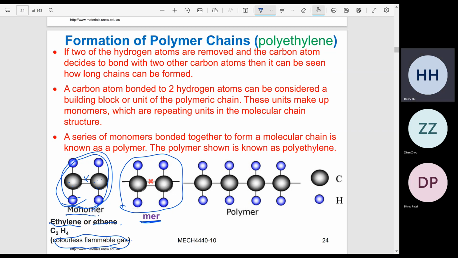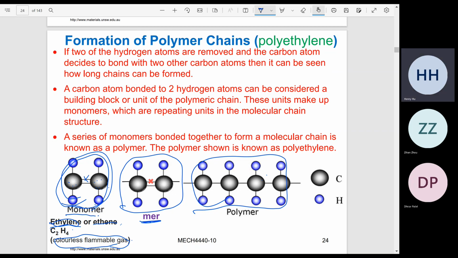Then you connect all those mers together, linking the carbon to the carbon, and you will form polyethylene. Polyethylene becomes a solid material. It's not gas anymore, because the atomic weight of polyethylene is much heavier than ethylene itself.